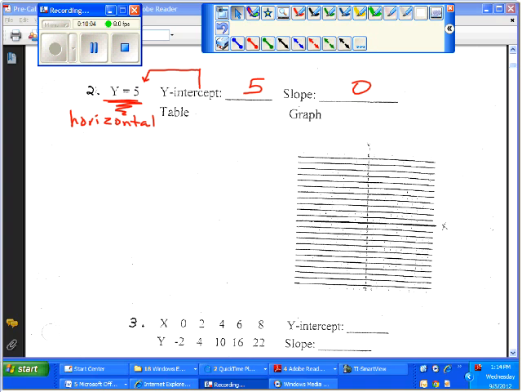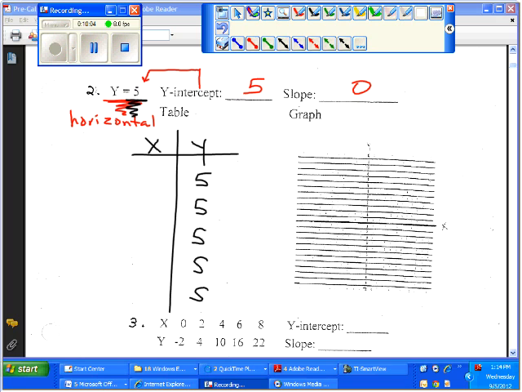If it's an x only or y only, we're saying there's a constant x or there's a constant y. So when we build our table of x, y values, we do not create a middle section because y is not dependent on x. Y is constantly 5. You can make as many as you want. And x is whatever. So we could just say, well, -2, -1, 0, 1, 2.